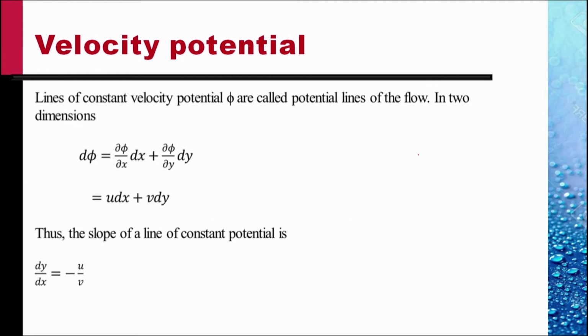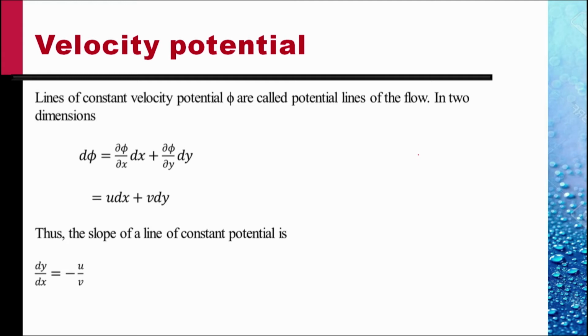The lines of constant velocity potentials are called potential lines of the flow. In two dimensions, d phi is equal to del phi by del x into dx plus del phi by del y into dy.